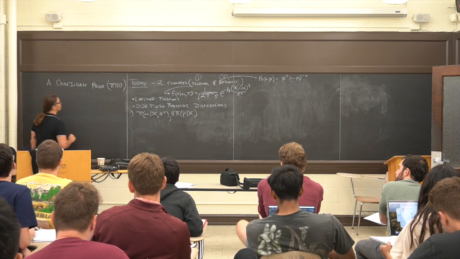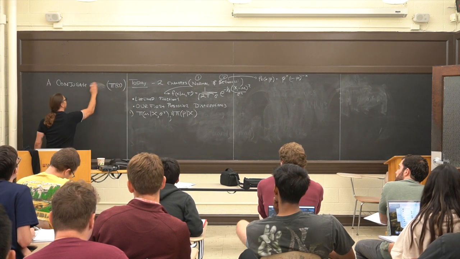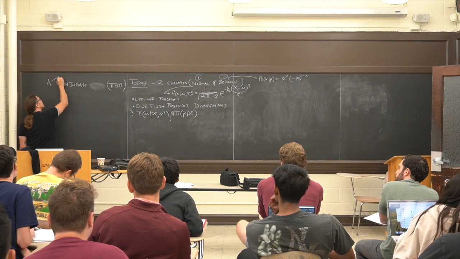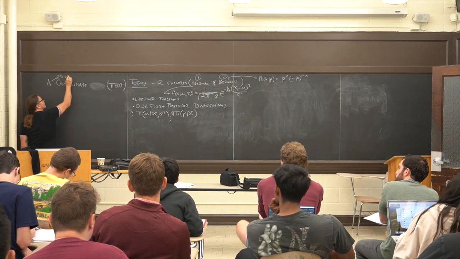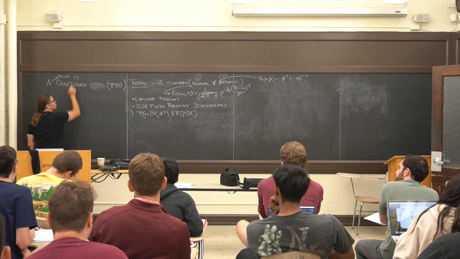So I'm going to rephrase this. A prior is conjugate.